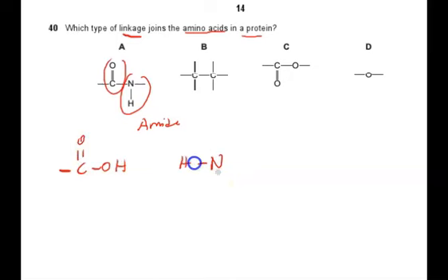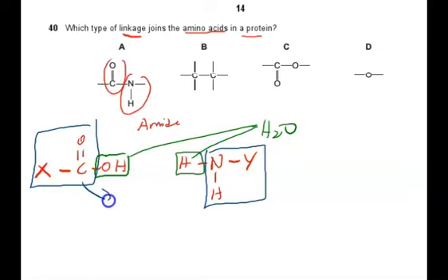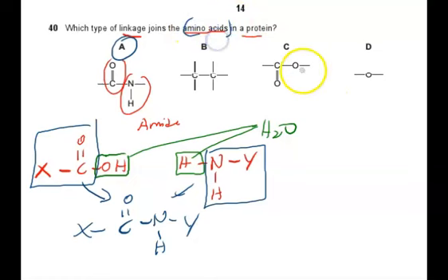This is the amide link. Let's say we put here X and here's the Y, and the OH and the H at this side will combine to form water, and both of these will combine with each other. So they'll be getting COO, and you have a nitrogen, hydrogen, and here's the X and the Y. So your best answer here will be A. This is under amino acid.